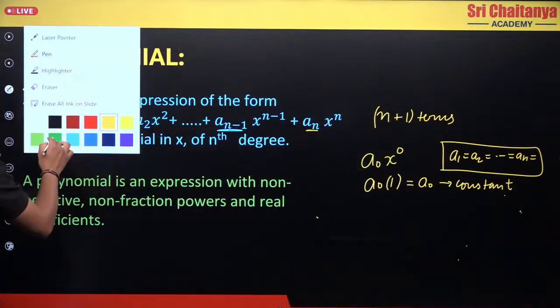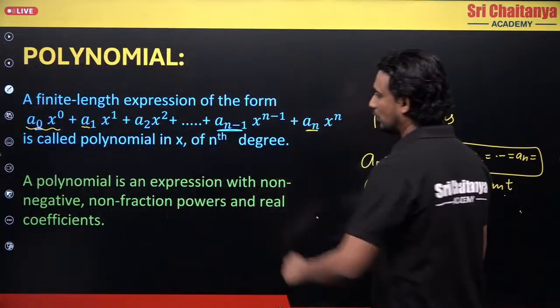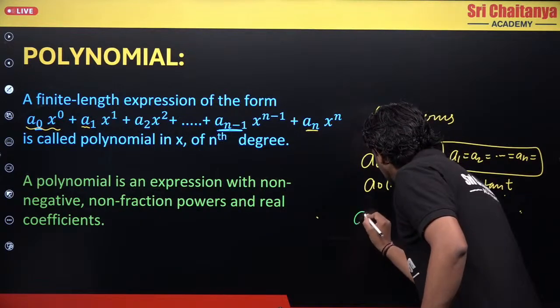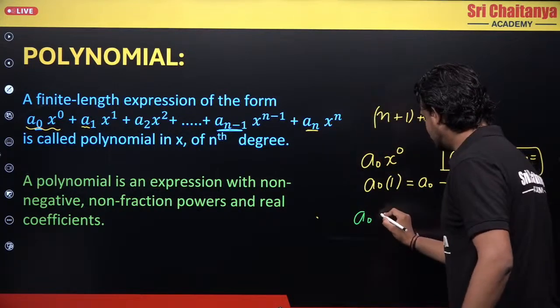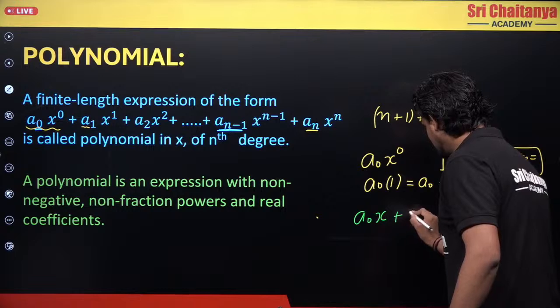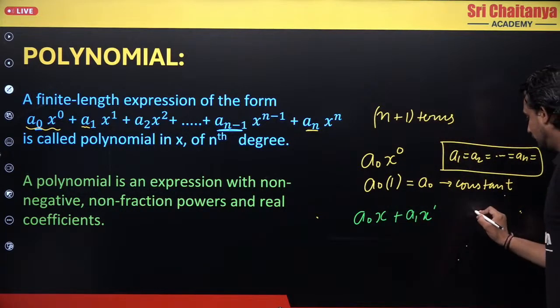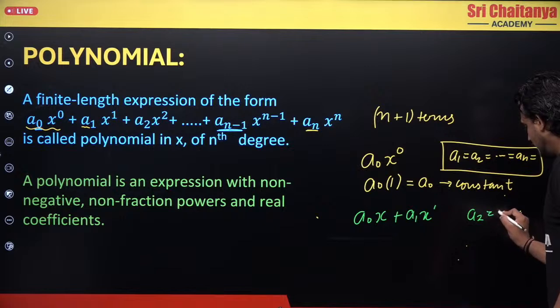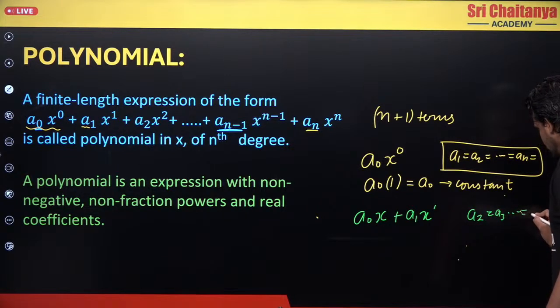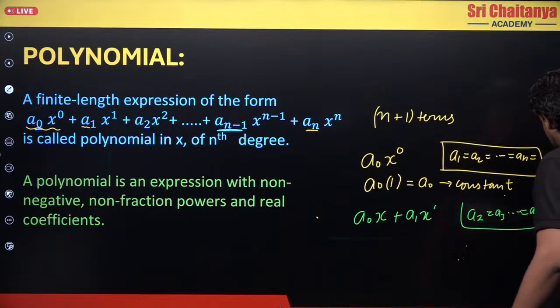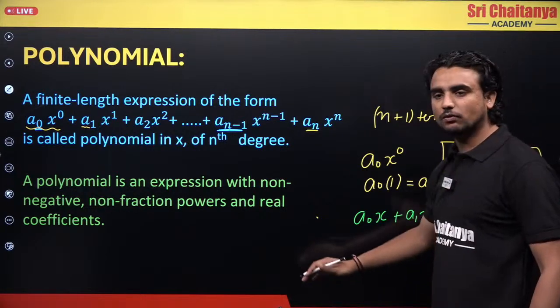What if, let's say that we have a0 x0 plus a1 x1, they are non-zero, but a2, a3 and so on till an are 0. Let's say all the other terms are 0 here. So in that case, what do we have?